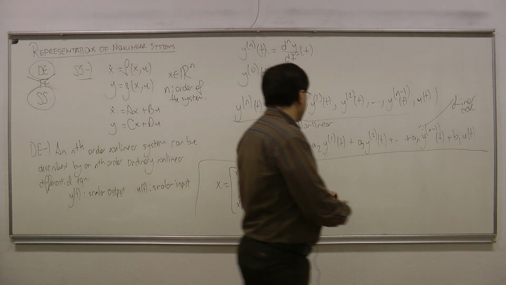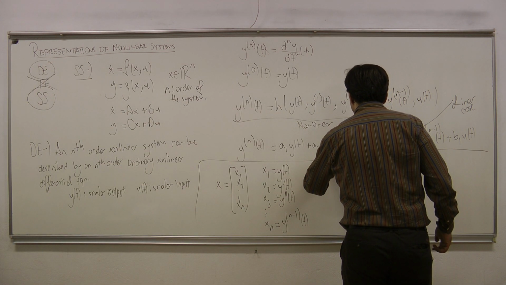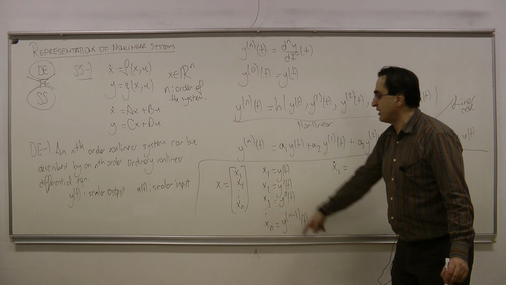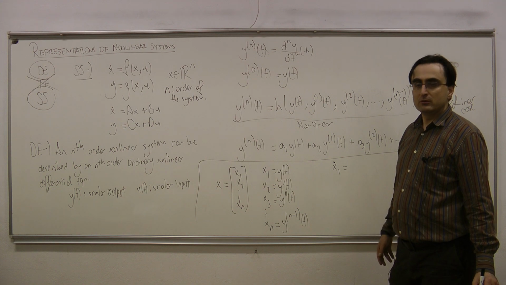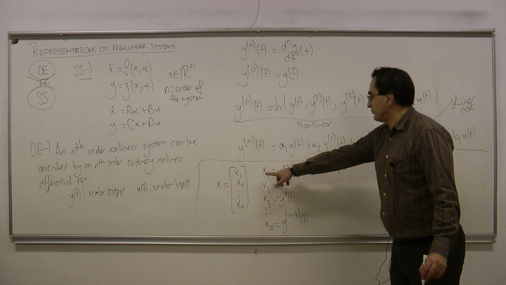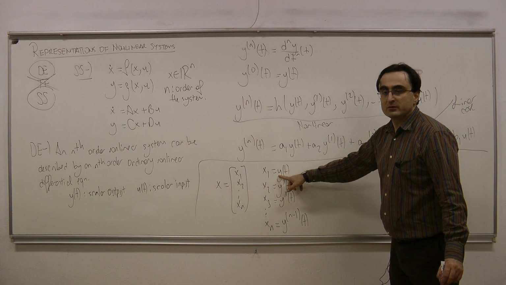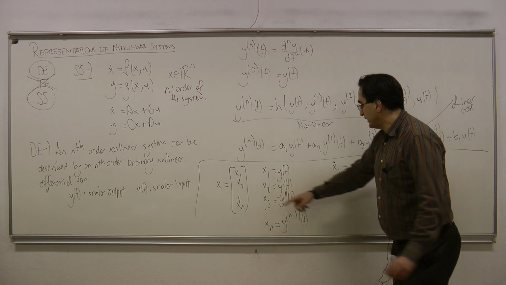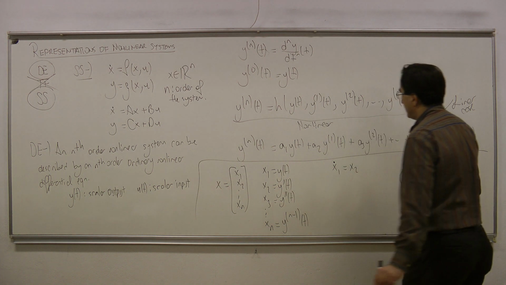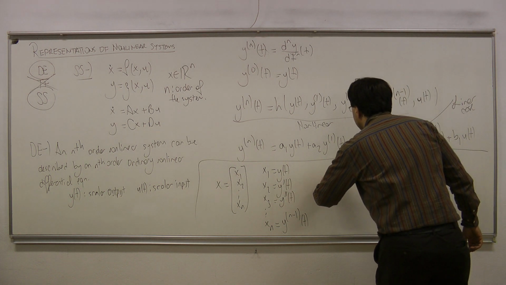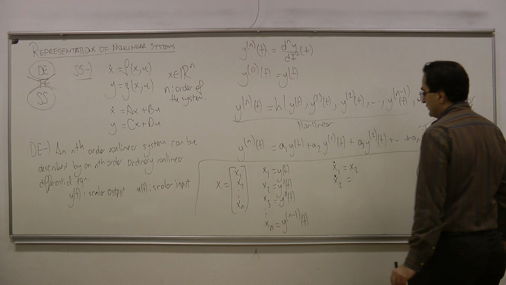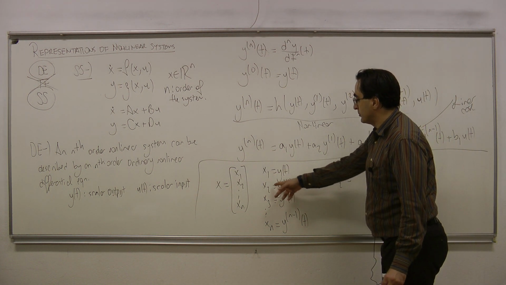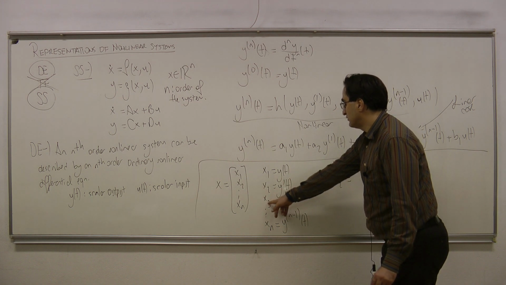Let us try to do that. x1 dot, I need to express this x1 dot in terms of these state variables and the input. But you see that x1 dot is nothing but the first order derivative of y, which is the second state variable. Okay? So this is nothing but x2. And x2 is y prime, so x2 dot is going to be y double prime, okay, which is x3.